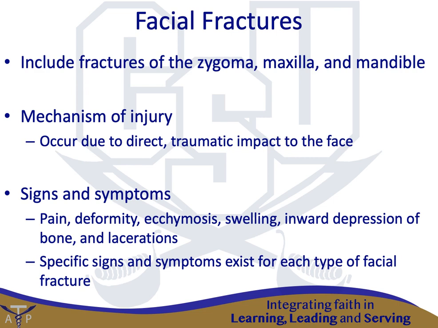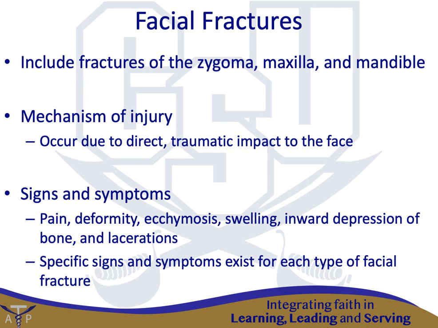For a maxillary fracture, the person could have malocclusion, which is the inability to bring the teeth together in a normal and aligned fashion. If we were to clench our teeth, it will be out of alignment. We may also have visual disturbances because it is close to the eye, as well as clear fluid coming from the nose and difficulty breathing.